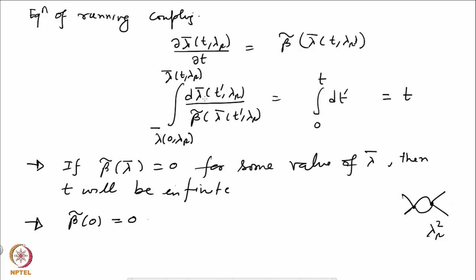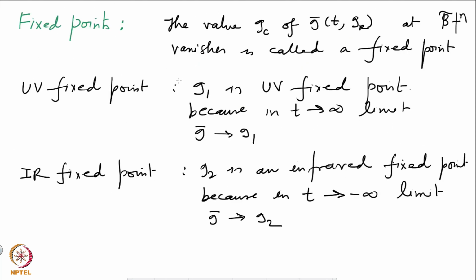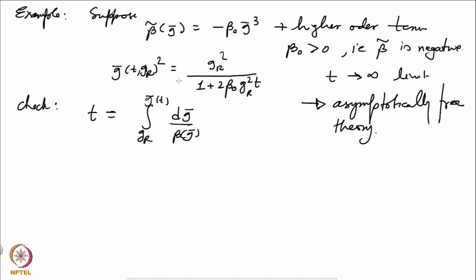I'm just writing it with g instead of lambda, but it's the same expression. So t is equal to the integral of d of the running coupling divided by beta tilde, from lambda bar of 0, lambda r, to lambda bar. That is what I have here.